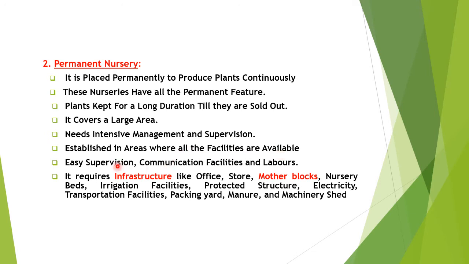There should be easy supervision, communication facilities, and labor available. So it requires infrastructure like office, store, mother blocks, nursery beds, irrigation facilities, protected structures, electricity, transportation facilities, packing yard, manure and machinery sheds. So a permanent nursery is one which is of permanent nature and should have the infrastructure to cater.